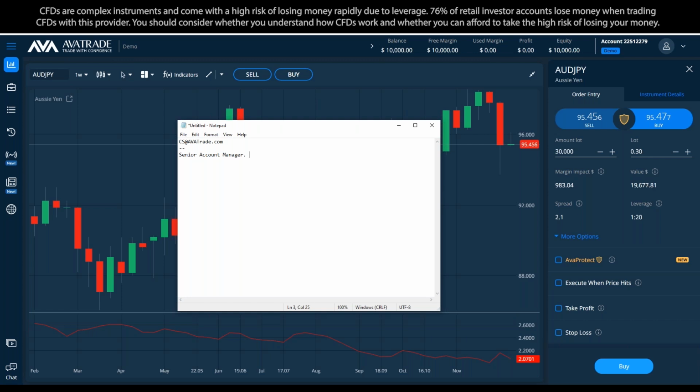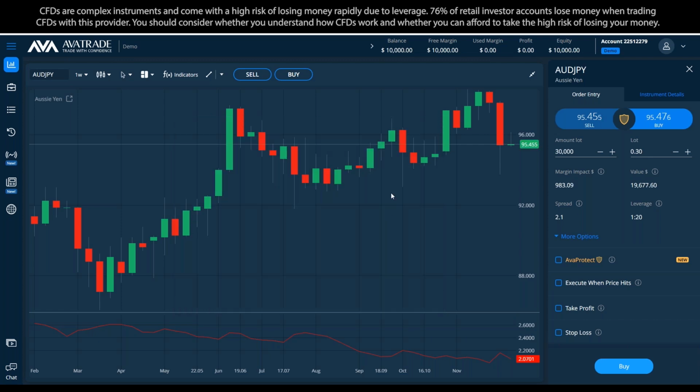That's about the customer service and the senior account manager. I just want to say in a nutshell that the senior account manager is after you start moving with the account. After you've funded the account and the account gets verified, you can ask for a senior account manager. If it doesn't happen automatically, you can ask for assignment.